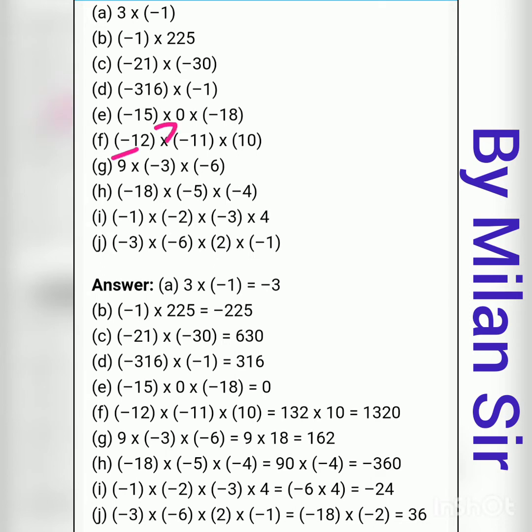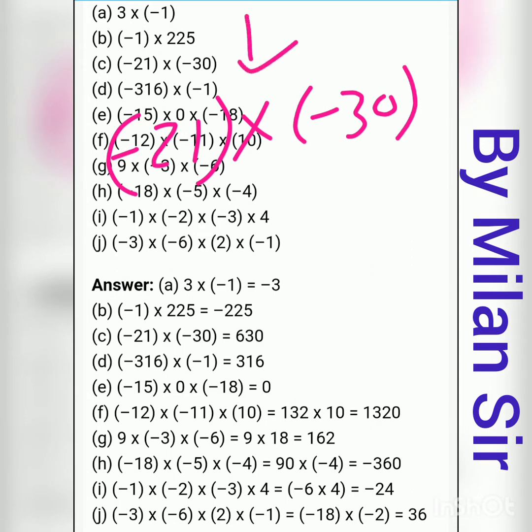Then minus 21 multiply minus 30. Here multiplication is given, so the multiplication process: 21 multiply 30. 3 ones are 3, 3 twos are 6, and 1 zero. So 21 multiply 30 is 630.